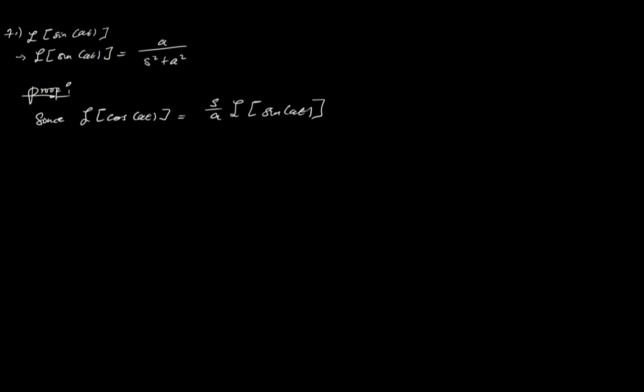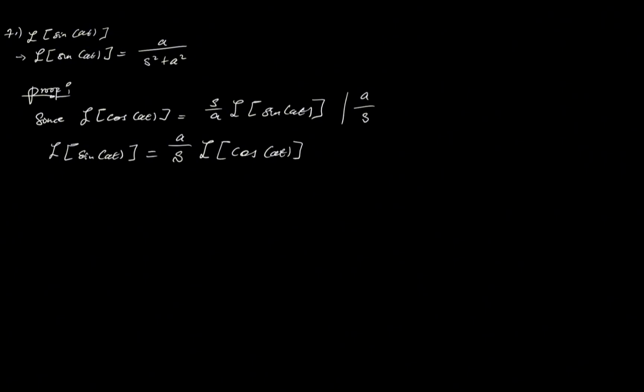What we can do here is basically make the Laplace of sine at the subject of the formula by multiplying the entire equation by the reciprocal of these constants. So we're going to say a over s, and we'll have the Laplace of sine at to be equal to a over s times the Laplace of cos the argument at, like that.